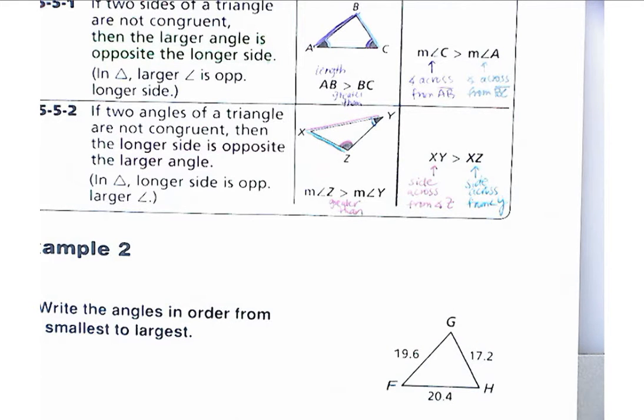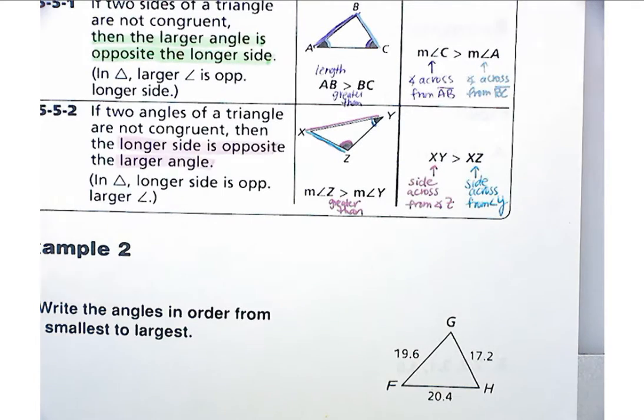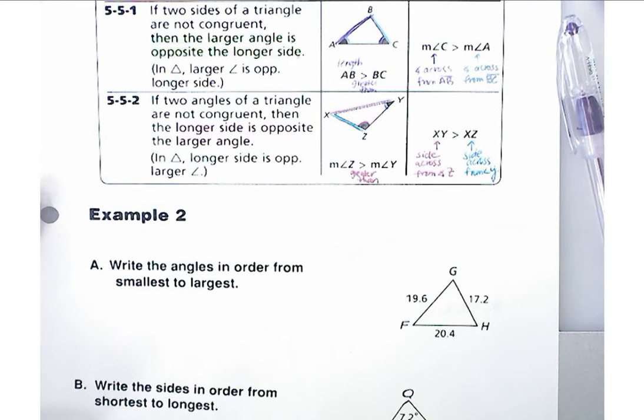Whichever side is longer, the angle across from it will be larger. So that's how those relationships work.